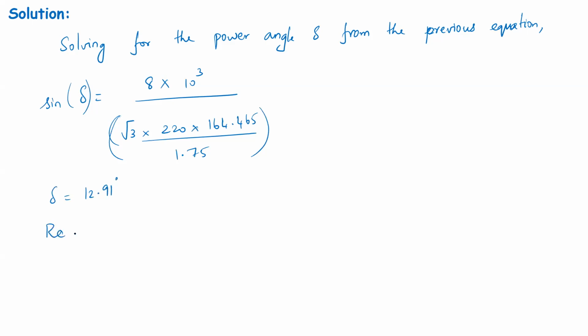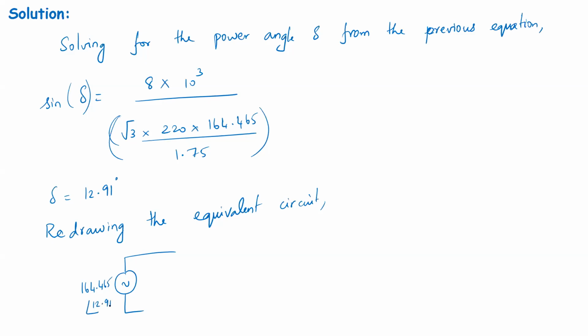Redrawing the equivalent circuit, I have my excitation EMF magnitude and the angle, which is known to me, at an angle of 12.91 degrees. This is the internal EMF. I have my jXS, which is j1.75, and I have my terminals connected to the infinite bus. So this is A and B.